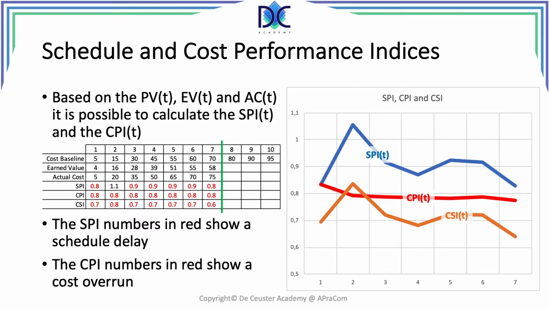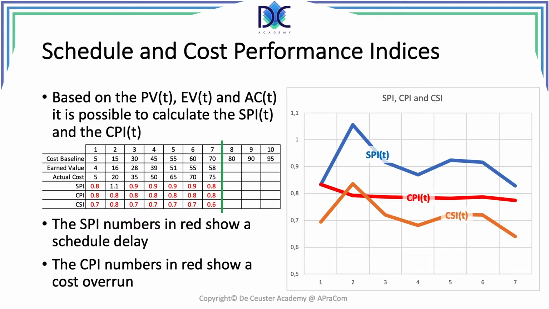We find the CPI, which is earned value divided by actual cost, and the CSI is the product of 0.9 and 0.8. You will see that these values are not exactly correct because I rounded them. When you would go to Excel and you put more decimals, you will see a more exact value.